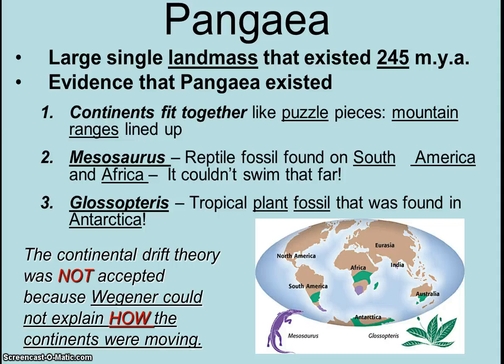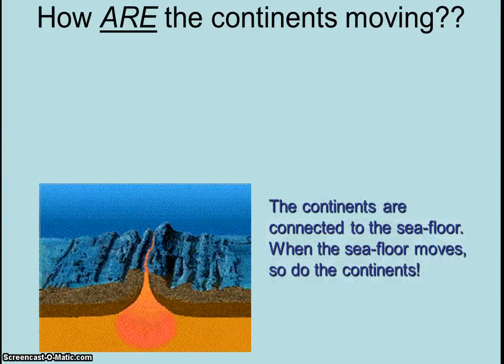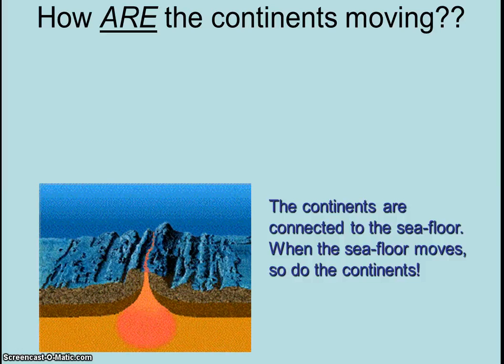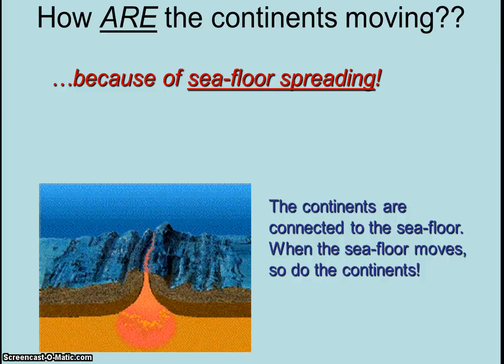The continental drift theory was not accepted during Wegener's time because he could not explain how the continents would move. So how are the continents moving? Well, we know that they are now because we are now aware of seafloor spreading.